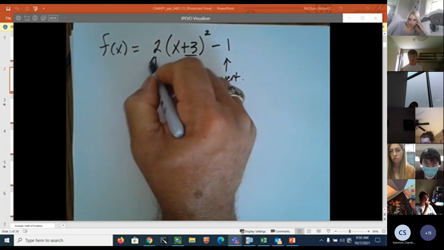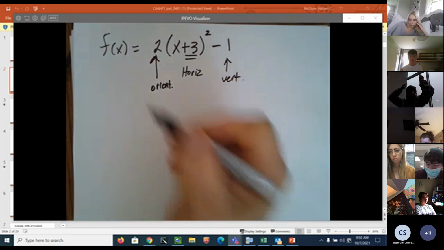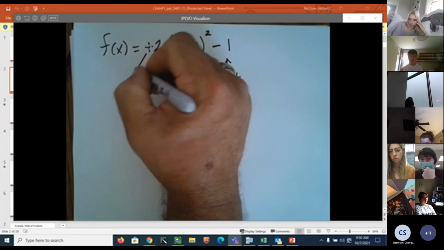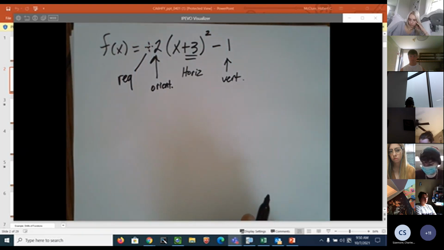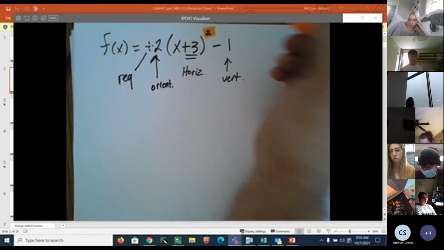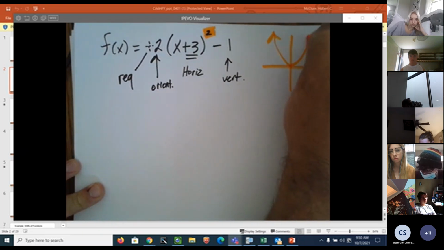And this is your orientation. And if the sign is positive, it's not there. That means it is regular as the parent graph. So this is a cubic function. This is a squared function. So it belongs to the parabola that looks like that.